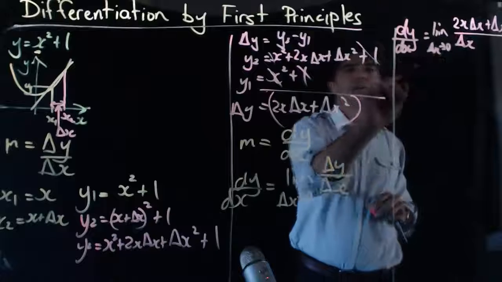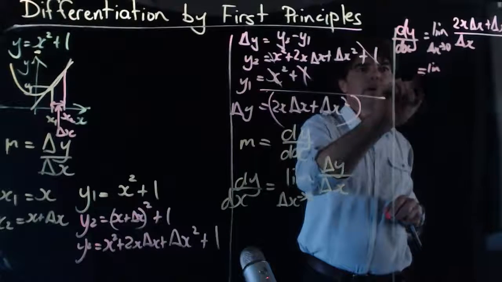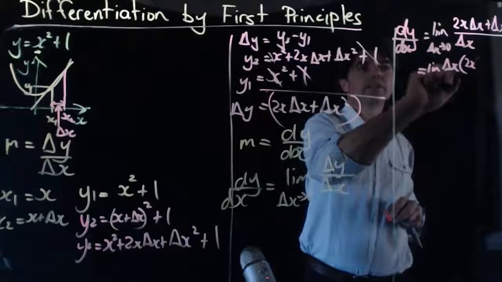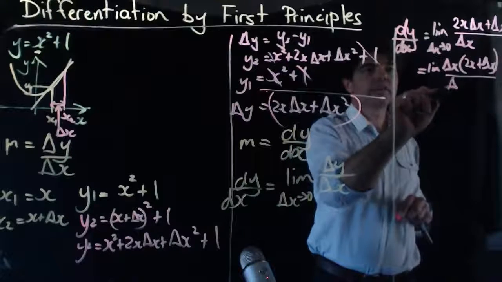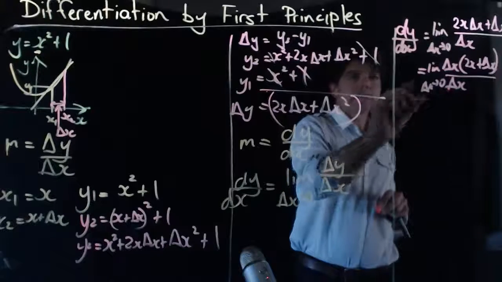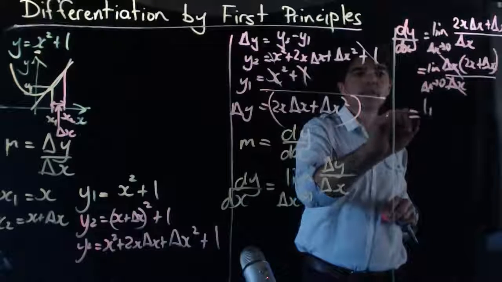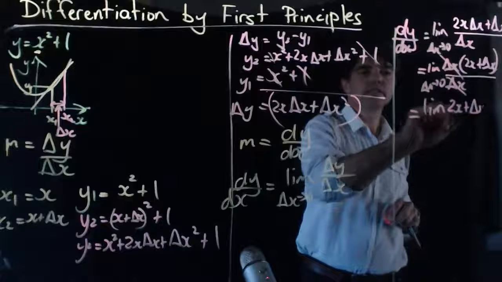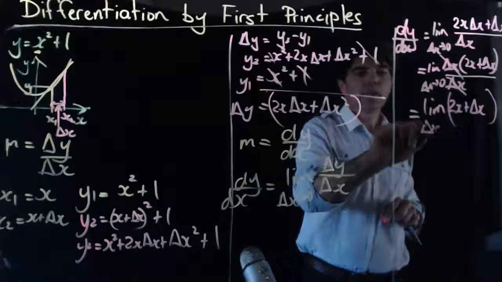Well, we take out a common factor. Delta x will be a common factor, so it's the limit of delta x outside of 2x plus delta x, divided by delta x as delta x approaches 0. But you can see delta x will divide into delta x once. So you're left with the limit of 2x plus delta x as delta x approaches 0.